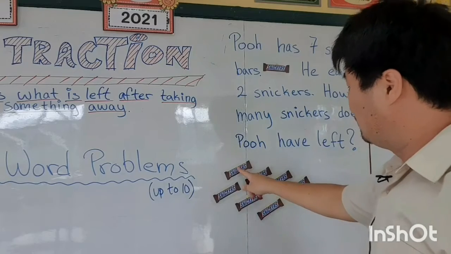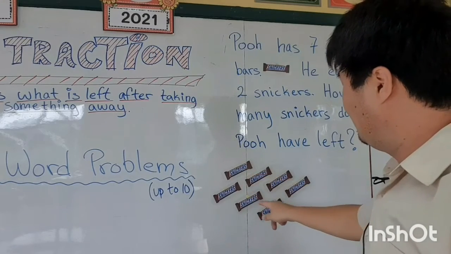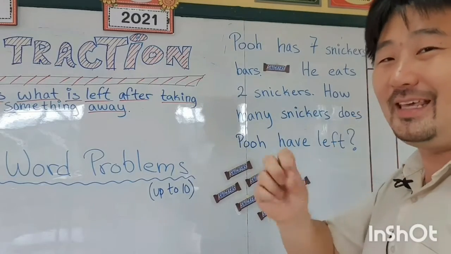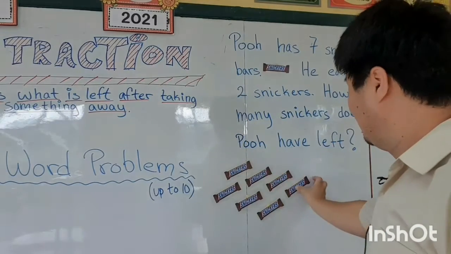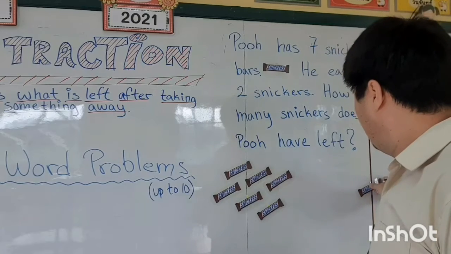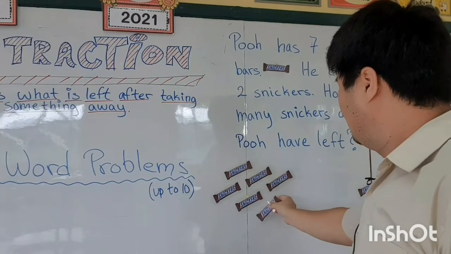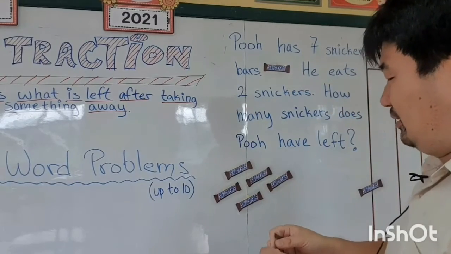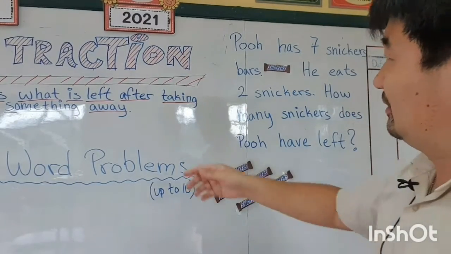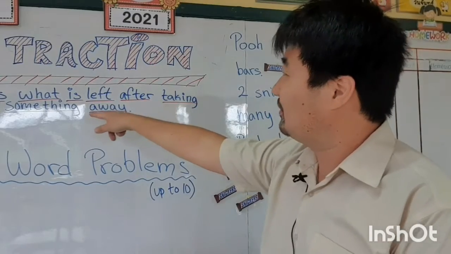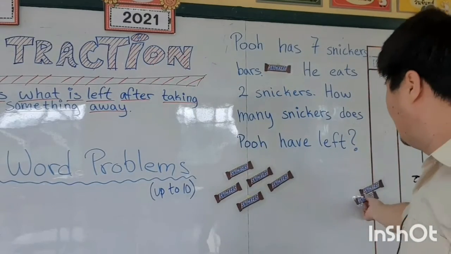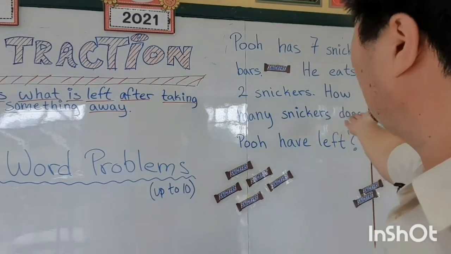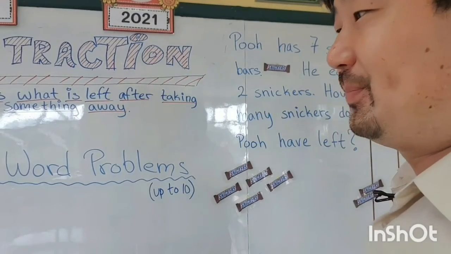So he has 1, 2, 3, 4, 5, 6, 7 Snickers, and then he eats 2 of them. So we take away 2, after taking something away. And then the question, how many Snickers does Pooh have left?